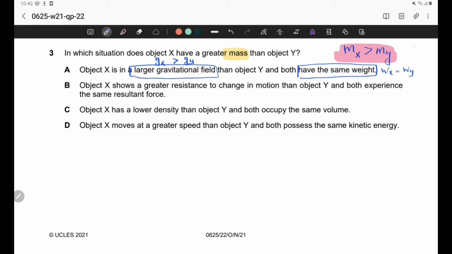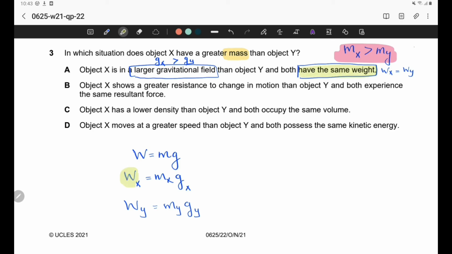Now we have to check whether the mass of X is greater than the mass of Y. Here we can use the equation: weight is mass times gravitational field strength. The weight of X is the mass of X times the gravitational field strength of X. Likewise, the weight of Y is the mass of Y times the gravitational field strength of Y. In the option it is given that they both have the same weight.